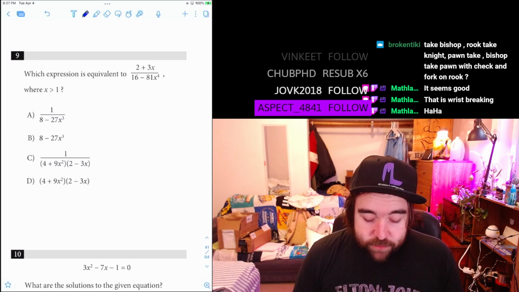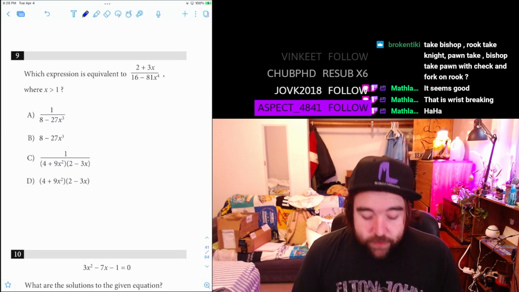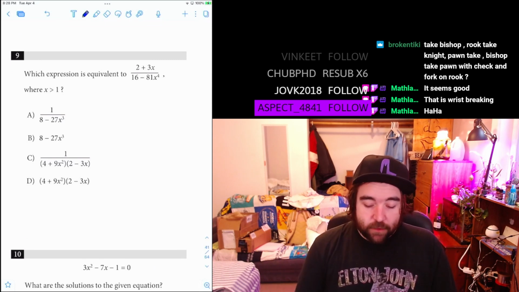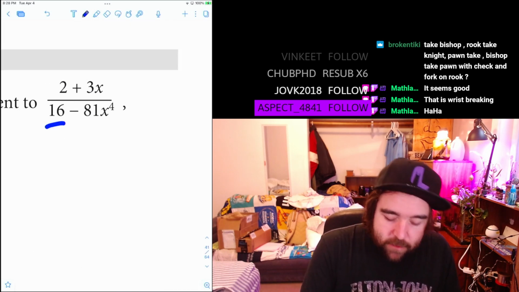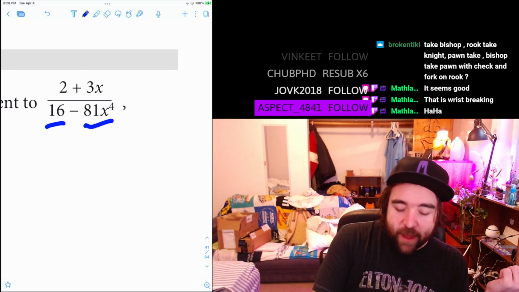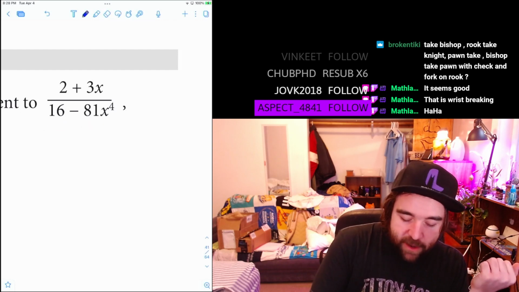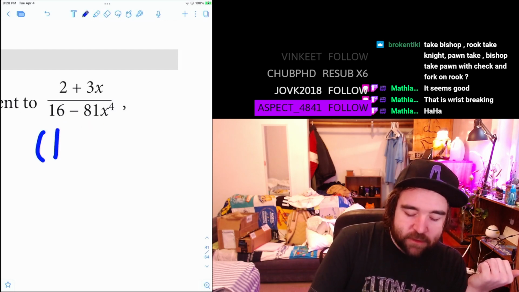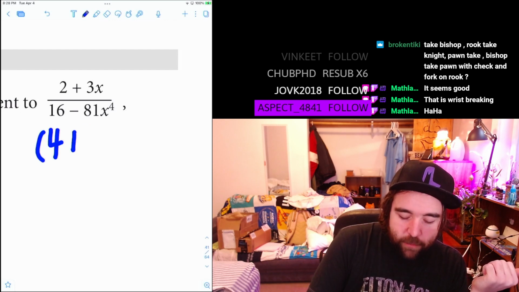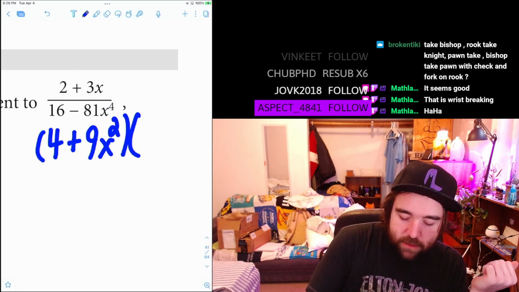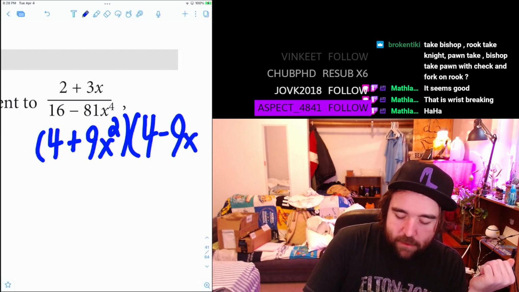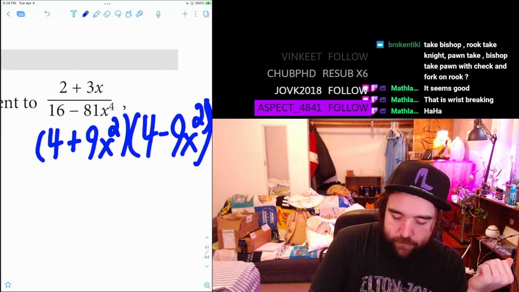Okay, which expression is equivalent to this? So this is difference of two squares. This is factoring. So you need to be able to recognize that this 16 is something squared, and this 81 is something squared. So this bottom down here, right away, you can do difference of two squares and say that it's 4 plus 9x squared times 4 minus 9x squared.